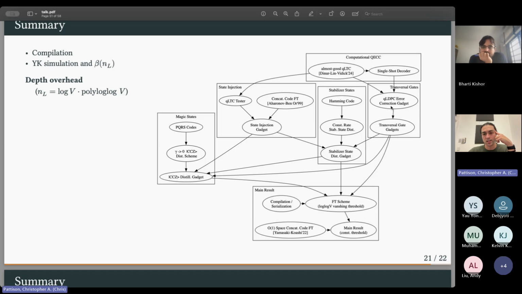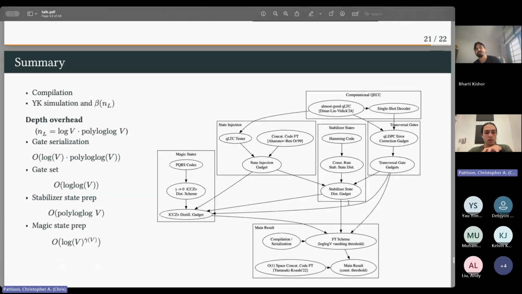We use these two pieces to get the stabilizer states. Then we use our construction of the punctured quantum Reed-Solomon codes to get the efficient distillation scheme. That gets us our CCZ, and that gets us a fault tolerance scheme with a slightly vanishing threshold. I'll get to that in a moment.